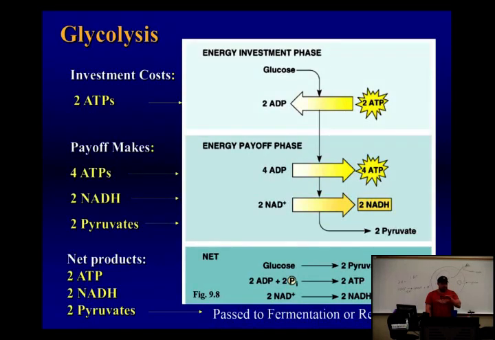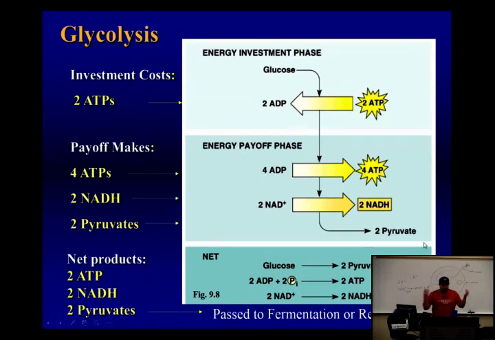They're UPS trucks with electrons in the back of them. So NAD plus and NADH both just electron transport. NAD plus doesn't have an electron on it. It's an empty UPS truck. NADH has an electron on it, so it's a full one. So only NADH has an electron to carry. And then we get 2 pyruvates.